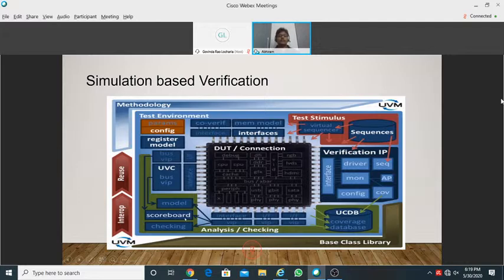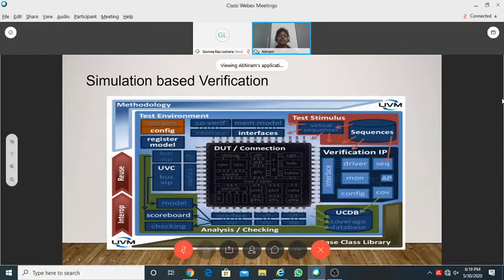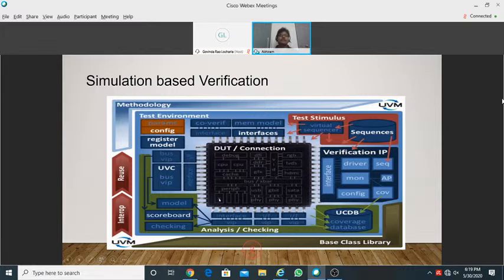That scoreboard will take the output from the SOC, what the SOC is giving out, and also the input from the verification IP, because it has to compare what has been driven into the design and what came out of the design, to confirm that the data is correct.